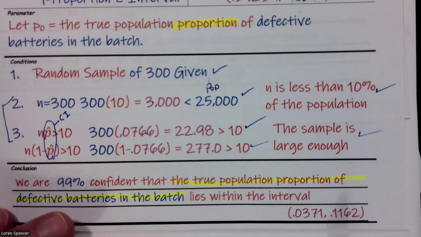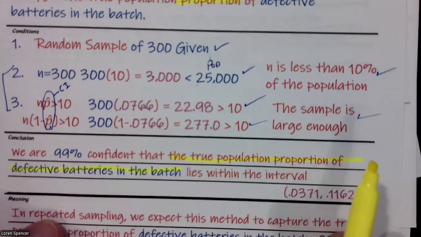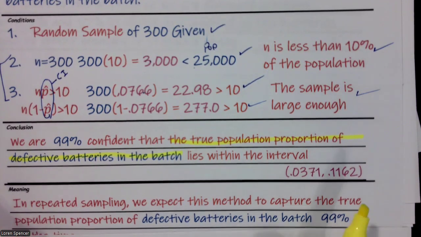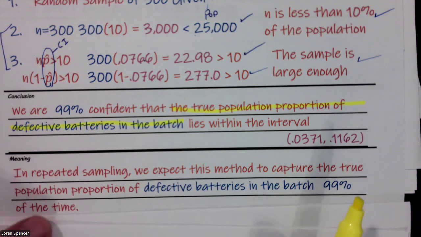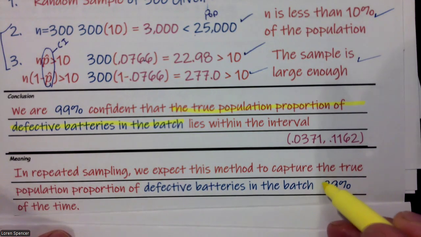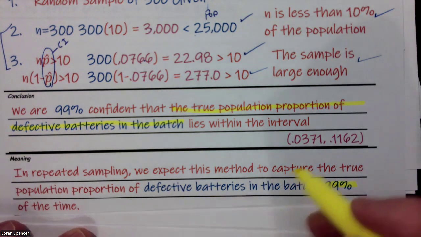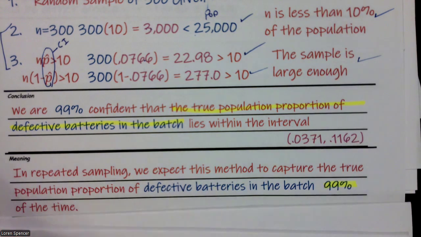And then finally, in repeated sampling, we expect this method to capture the true population proportion of defective batteries in the batch. How often? 99% of the time. All right? In repeated sampling, we expect this method to capture the true population proportion. And by the way, once again, I want to point this out to you.